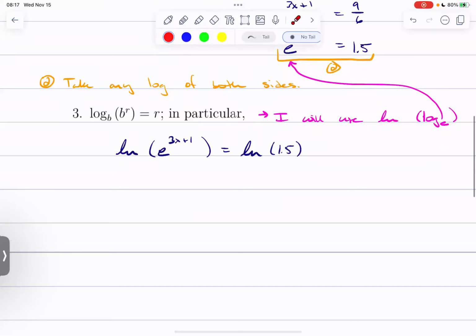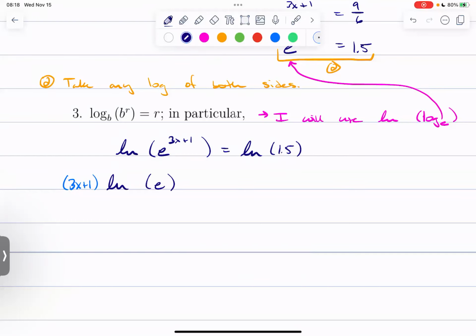Okay, so now from this rule, one of the things that we could do is we could rewrite this as 3x plus 1, bring it downstairs, right? Let's do that just to visualize it. 3x plus 1 times the natural log of e, sorry.